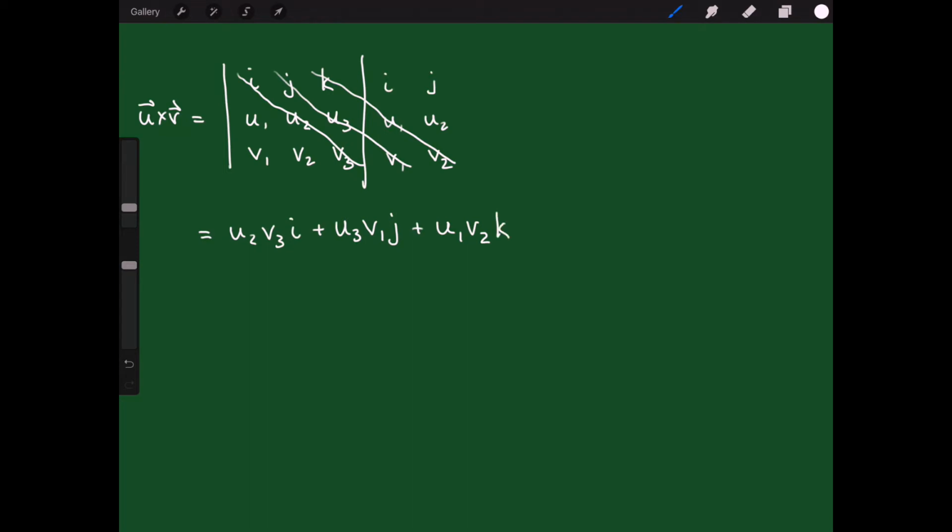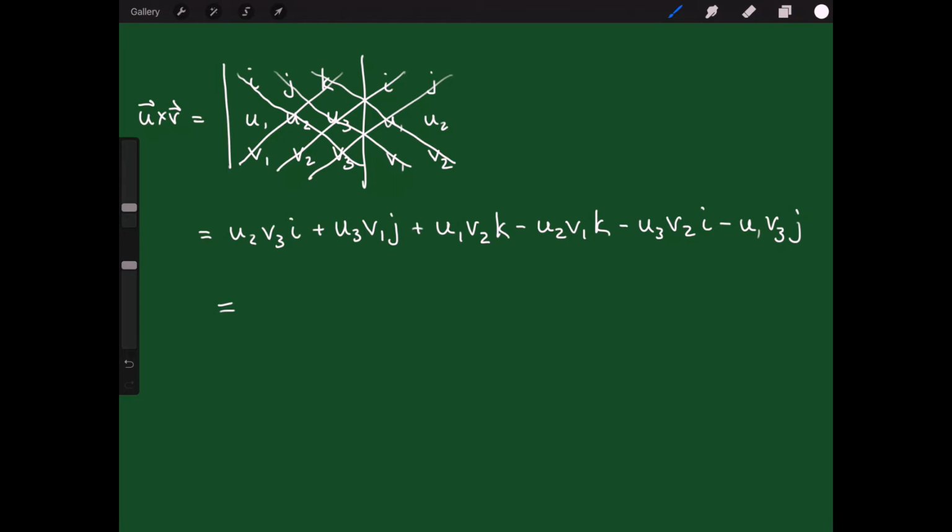Now I'm going to reverse the diagonal lines and go the other direction, but now these are negative. So I'm going to subtract U2 V1 K. Now I'm going to subtract again minus U3 V2 I, and then subtract again U1 V3 J. And notice what that gives me if I combine the I's and the J's and the K's.